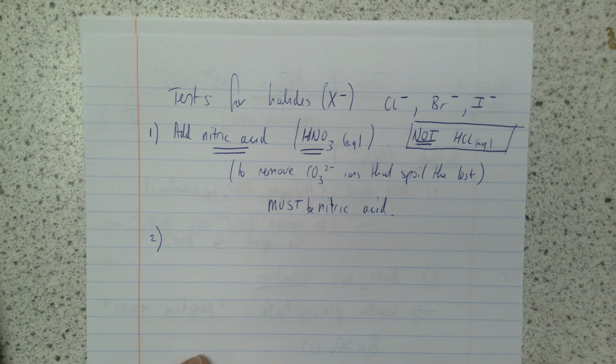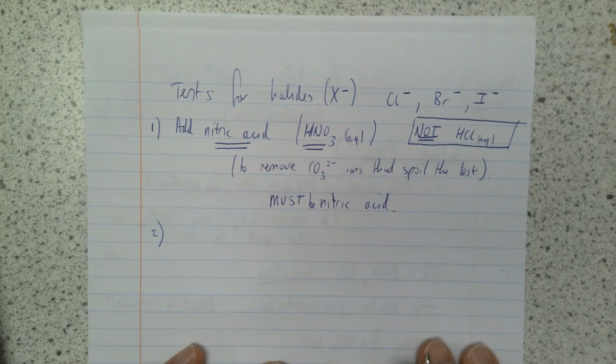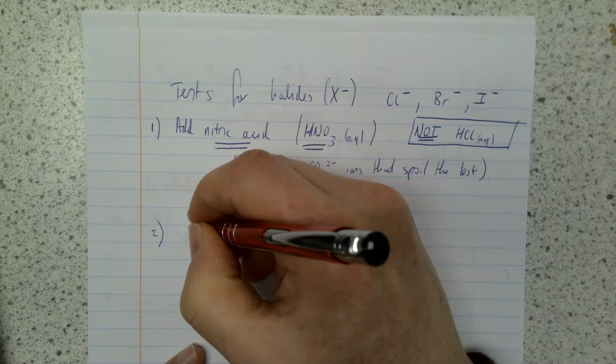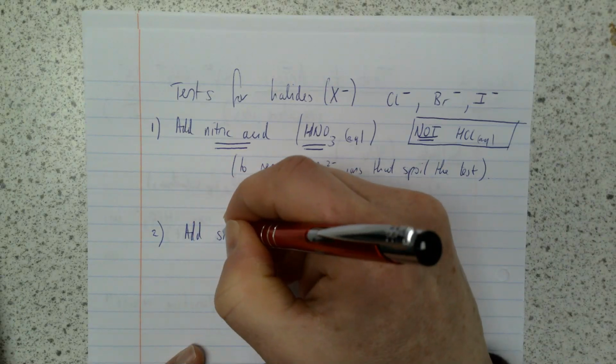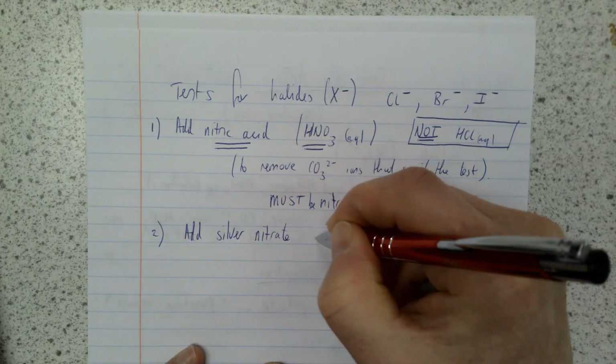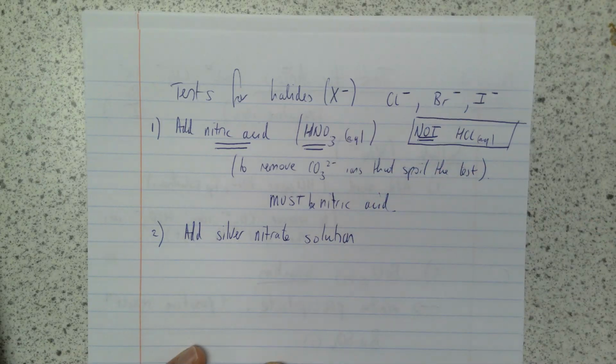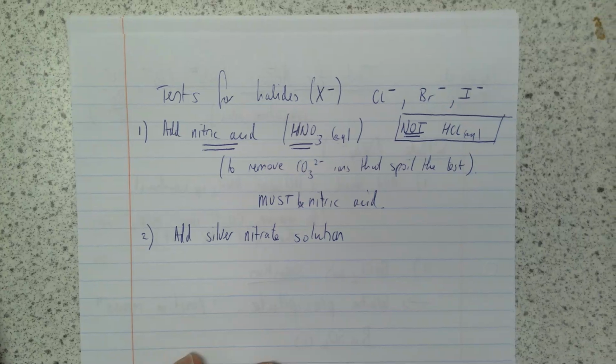Okay. So then, for the second part, add silver nitrate solution. The silver nitrate's not something you've come across before, I suspect. There's those little dropper bottles.